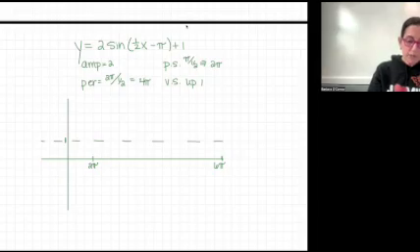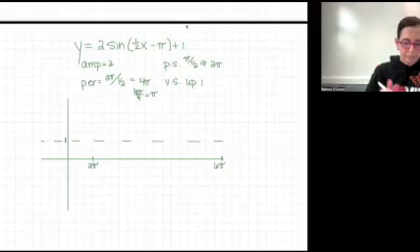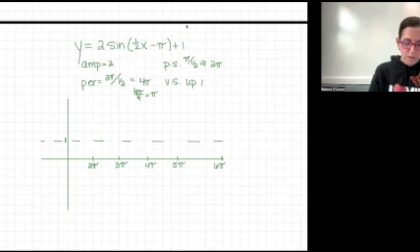So since the period is 4 pi, and I want to divide it in quarters, that means that every interval is pi. So if I'm starting at 2 pi, my next one will be 3 pi, then 4 pi, then 5 pi, and then 6 pi. So I always want to have 1, 2, 3, 4 intervals along my x-axis.